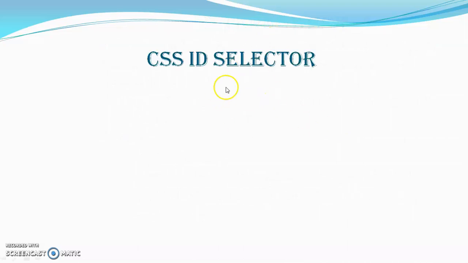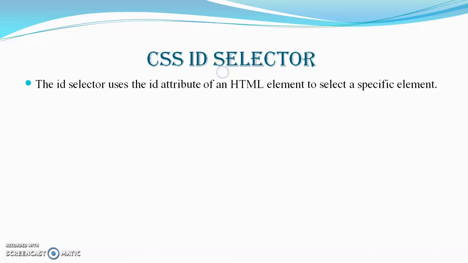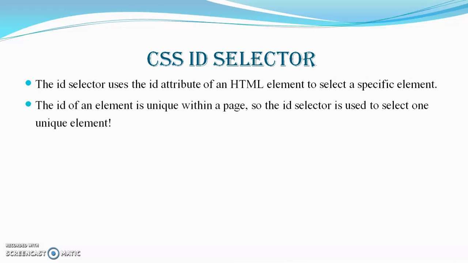After this, cascading style sheet ID selector. The ID selector selects the ID attribute of an HTML element to select a specific element. An ID is always unique within the page, so it is a unique element.